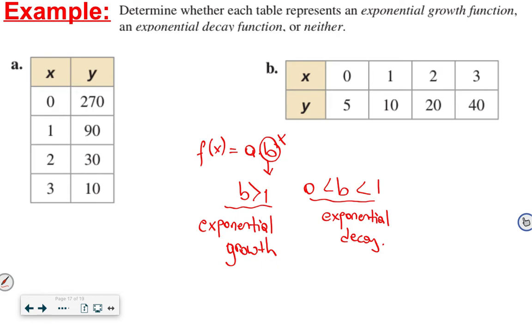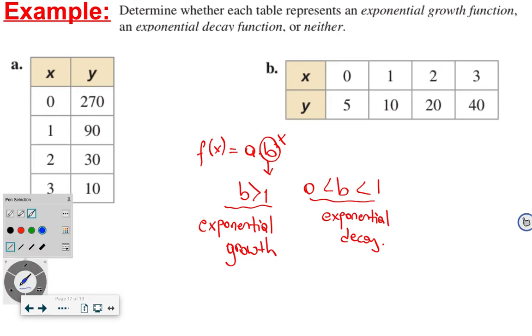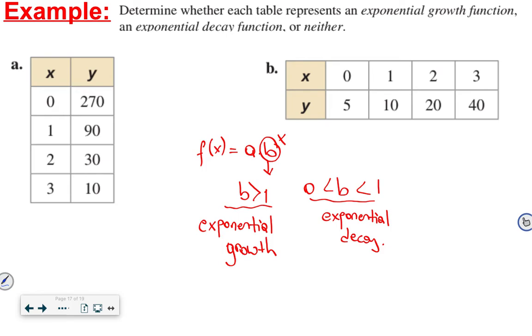Now, let's look at this. When you look at the x and y values, x values are increasing by 1. While x values are increasing by 1, what about the y values? As you see here, multiply by 1/3, multiply by 1/3, multiplied by 1/3.